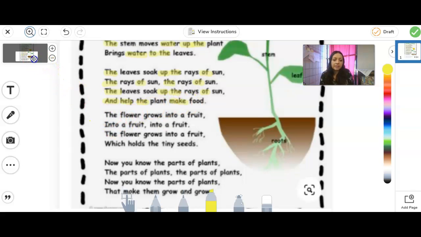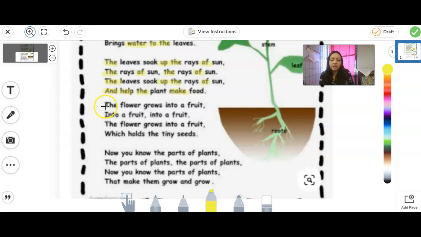All right, let's look down. Our next part in our sight words, we have the grows into a, which, the next part's a little bit tricky, okay?